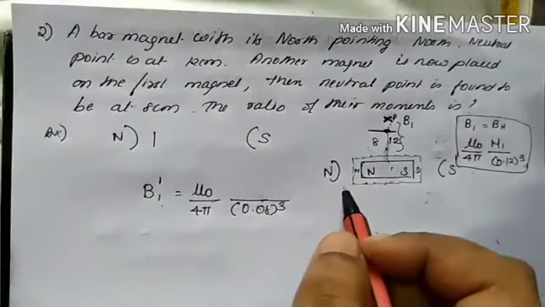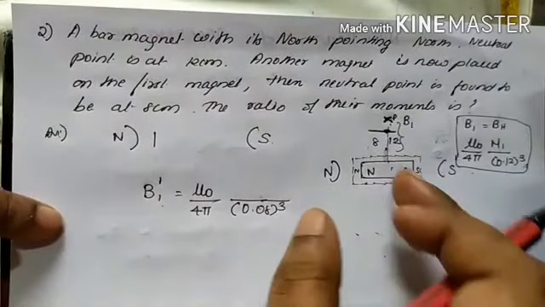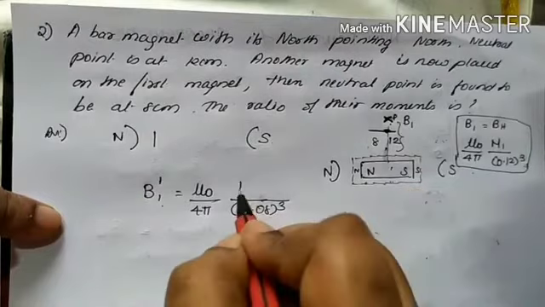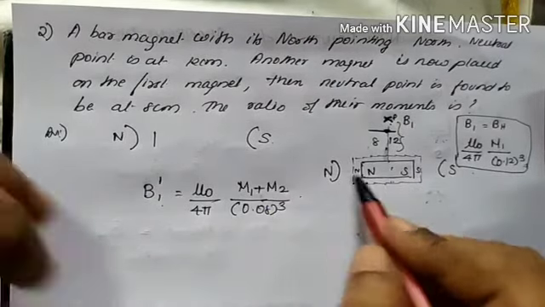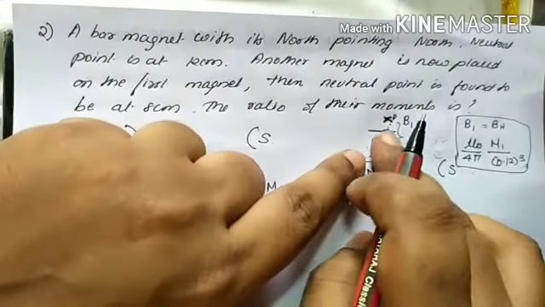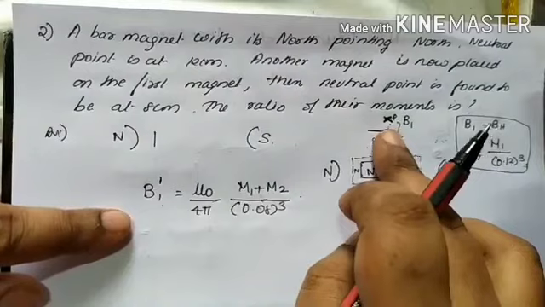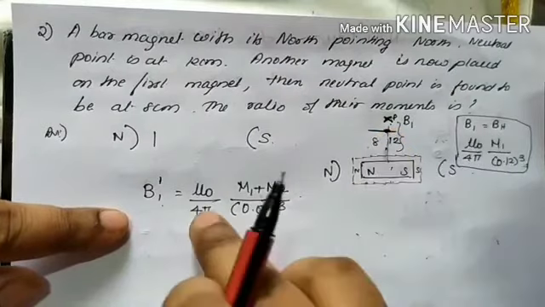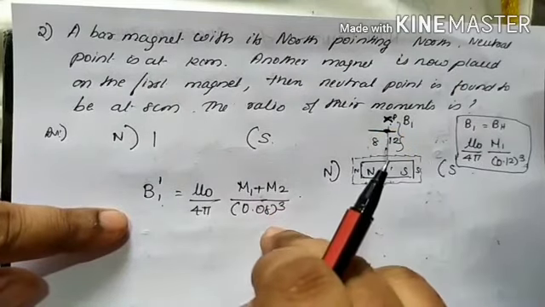There are two magnets positioned one above the other, so the net magnetic moment will be the sum of them, so it is m1 plus m2. That is the new magnetic moment of this entire scenario at the point P. So the magnetic field experienced at the new null point due to the presence of two magnets is this equation. Is that clear?